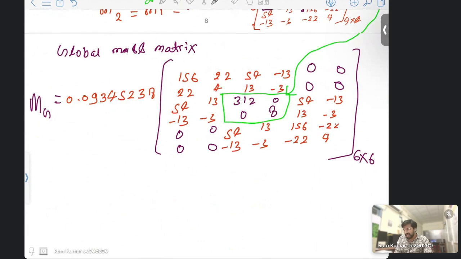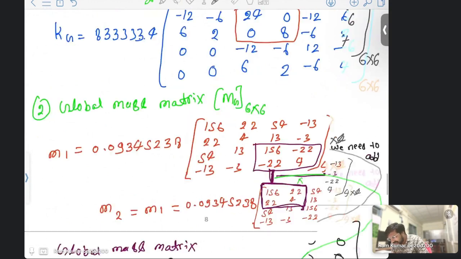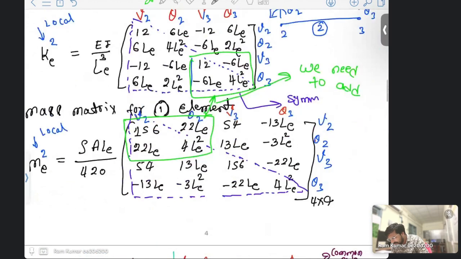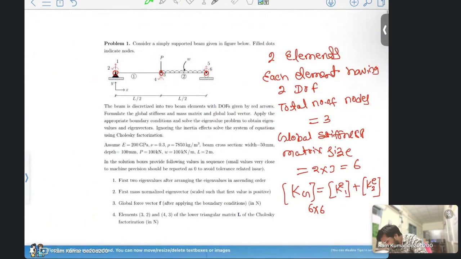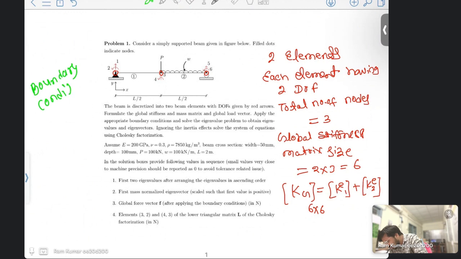Now what is the boundary condition? We are having a boundary condition for our element beam. At this node the displacement will be 0, but theta 1 will not be 0.